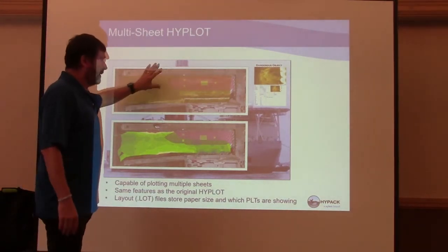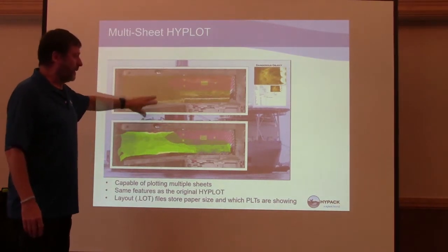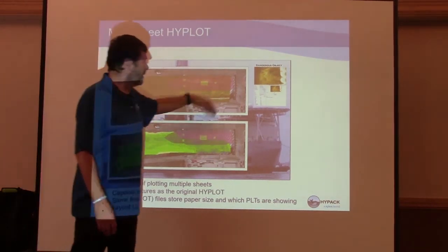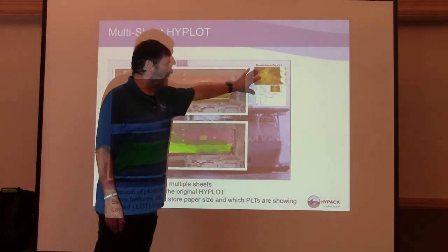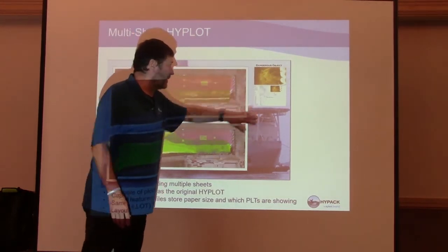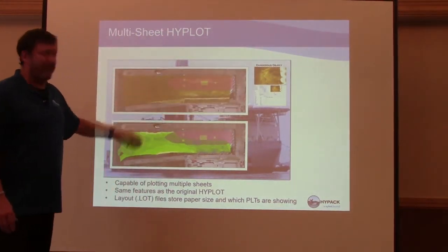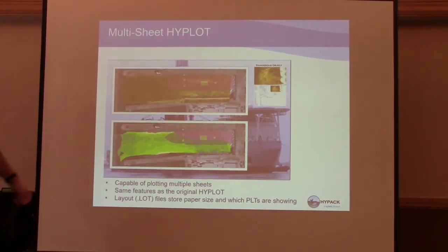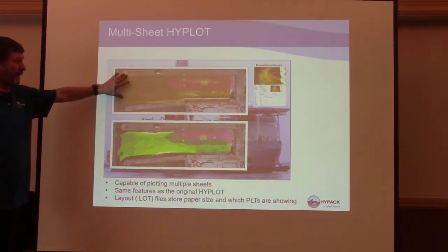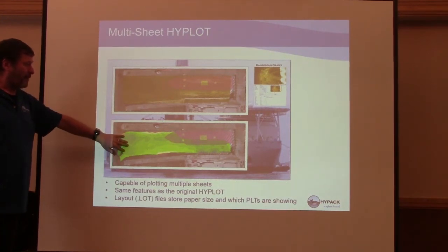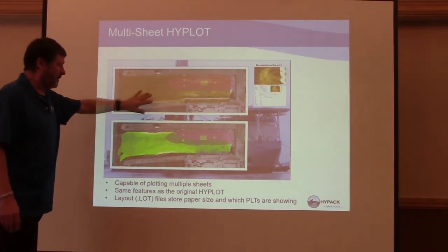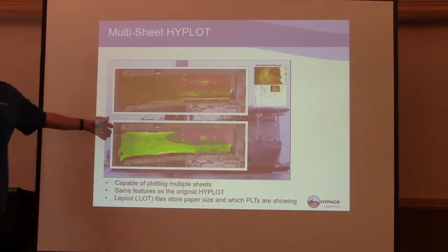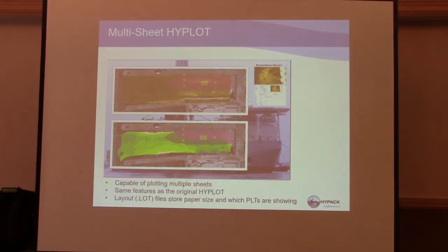You can add multiple plot sheets to it, drag them around, move them to different spots, add text items outside of these plot sheets, and each one is controlled individually. So I might want to enable side scan on one sheet and maybe contours on the other, as we see along here, or maybe soundings on one, and then side scan on the other.